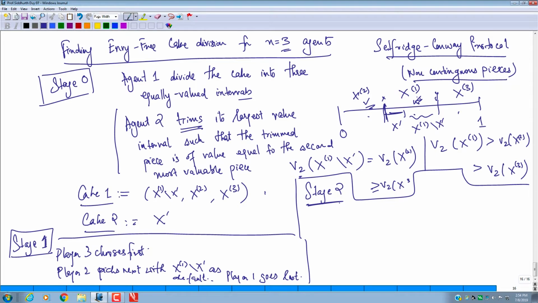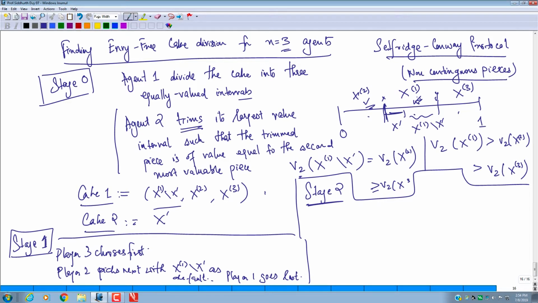But note that I still have to do x prime. And here's the crucial observation which will guide you to design x prime: the player that has picked up the trimmed piece will never be the source of envy for player 1.